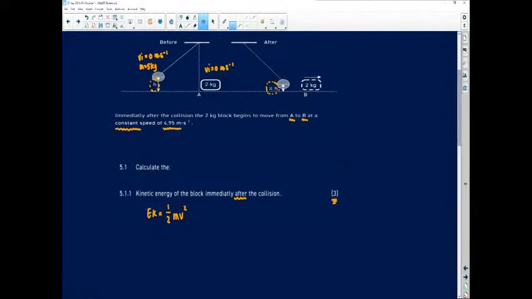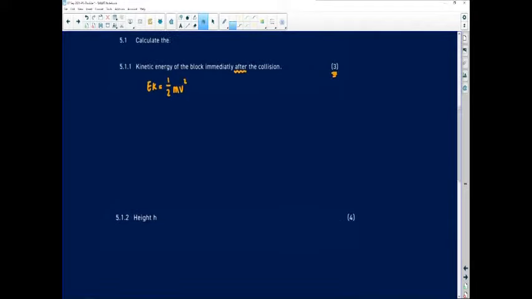So that's the one way that we can do it, to calculate the velocity of the block immediately after the collision. So I'm going to say it's a half. The mass of the bob was given to me as 2 kilograms. The block was given to me as 2 kilograms. And then the velocity of the block was 4.95, and that is squared.